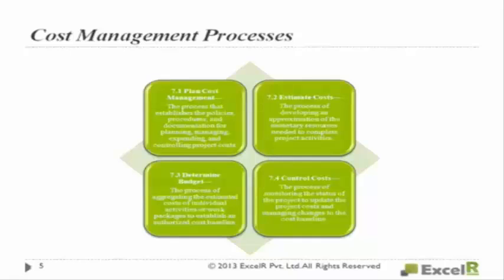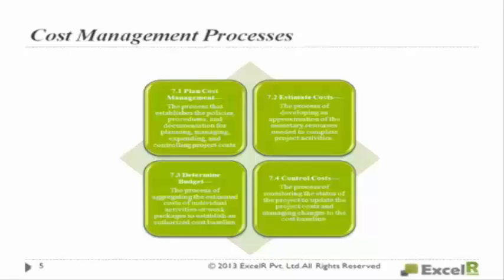It can be human resources, it can be material, anything. You will do that here in estimate cost. And once you estimate individual costs of the activities or the work packages, then you aggregate all these costs. That will produce your budget. That is determine budget.